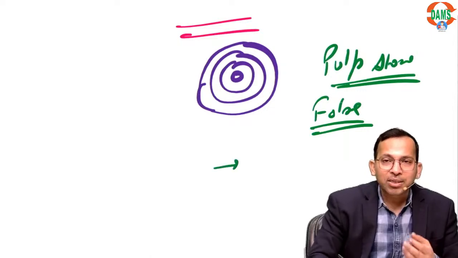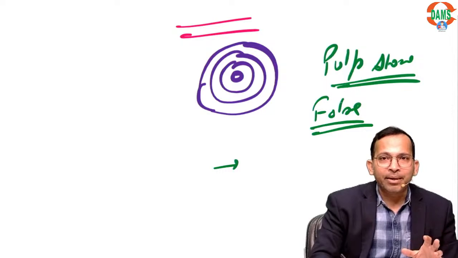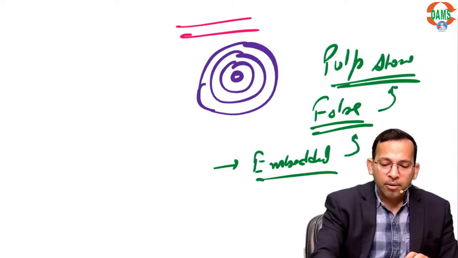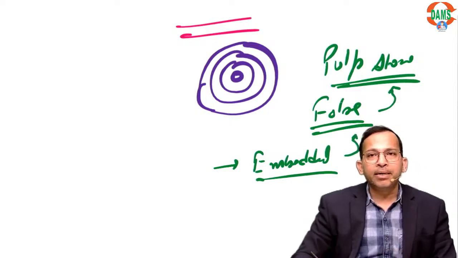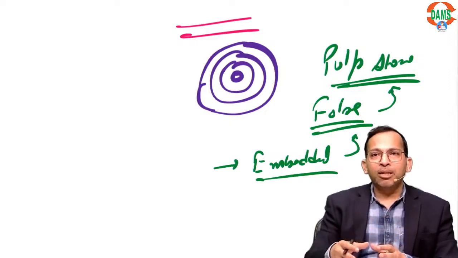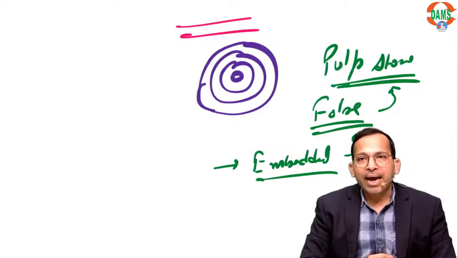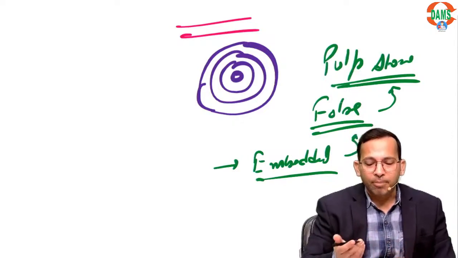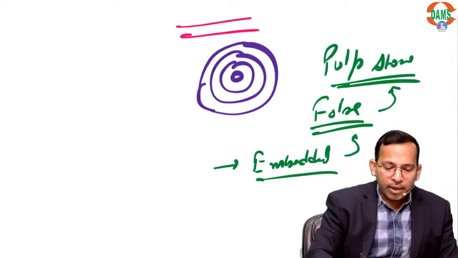This pulp stone, since it is found entirely embedded within the dentine, is an embedded false pulp stone, isn't it? Now, an embedded stone, a free pulp stone, or an attached pulp stone, these are just the different stages in the life cycle of a pulp stone, isn't it? Any pulp stone is first formed freely in the pulp.